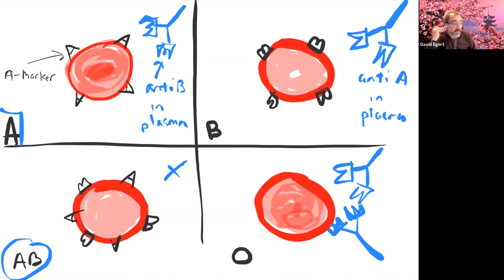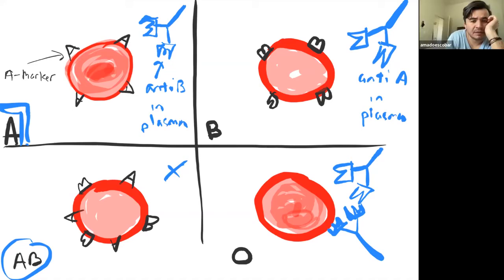Like if I am type A blood, what kind of blood can I receive as a donation without attacking it? Another type A or type O. Exactly. I could receive A type blood because I'm not attacking A, and I can receive type O blood because there's no markers on that.